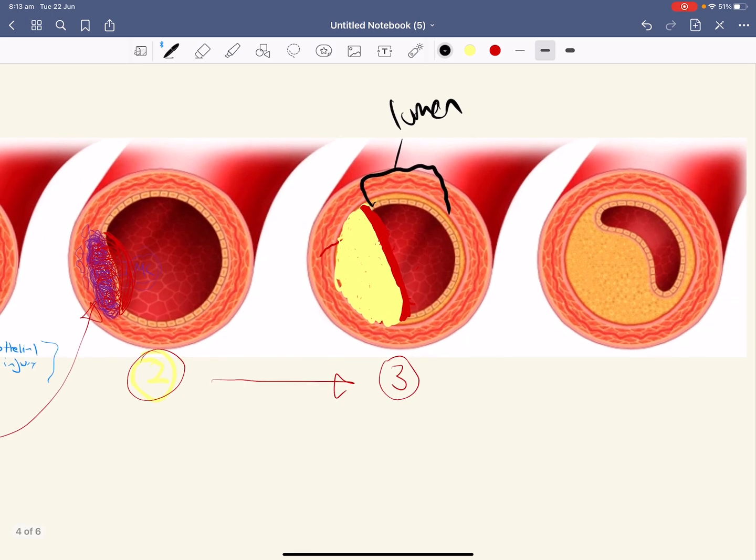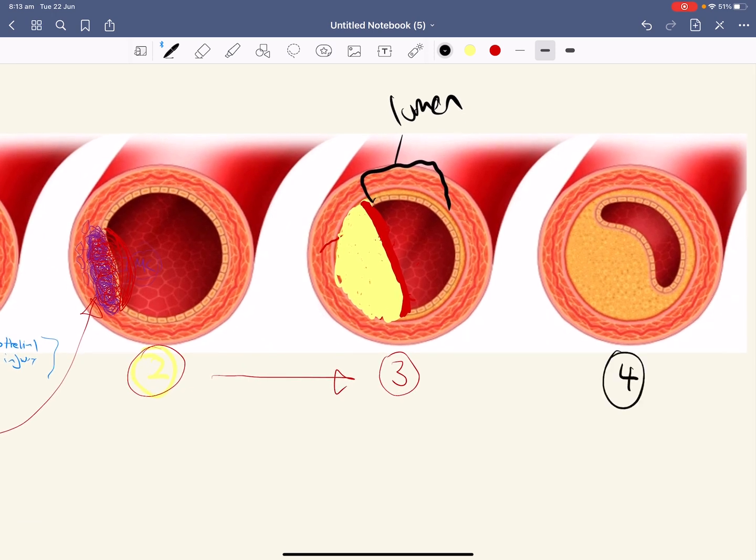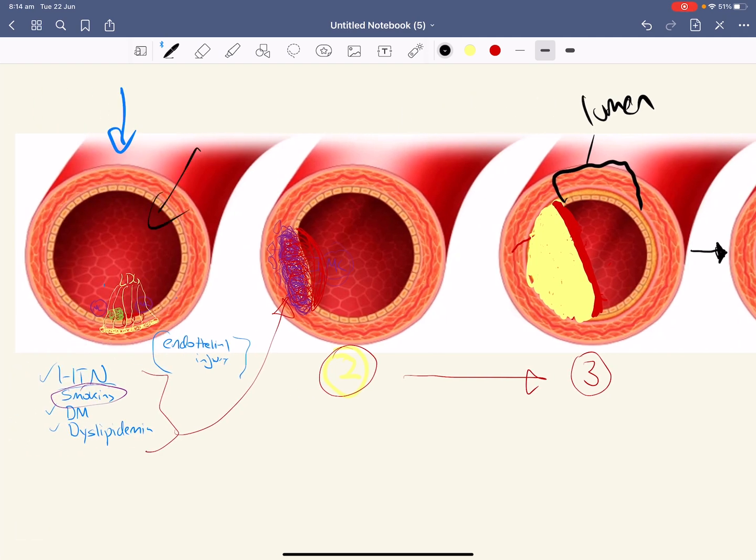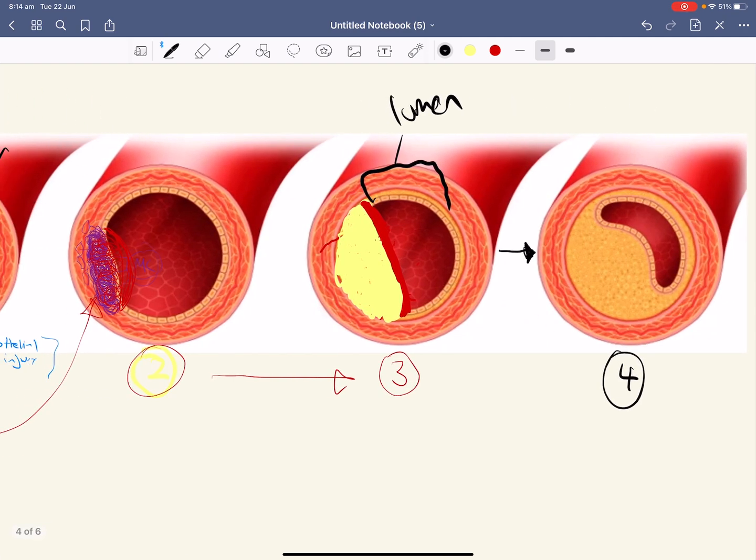Now we move to stage 4, which is the plaque that becomes unstable. Okay, so it's a real movement between this and this. The main thing that happens is that the lining becomes unstable again. Like we saw back here with the endothelial injury, something happens again which knocks off the top cap.